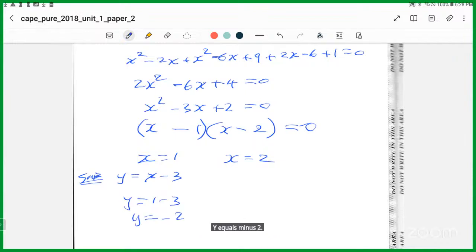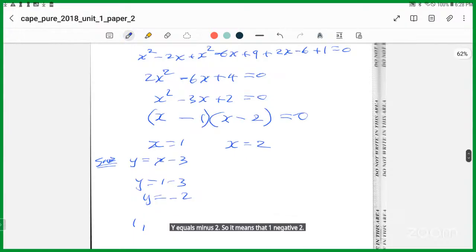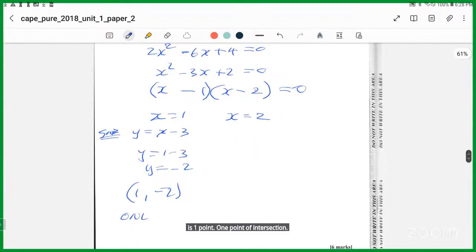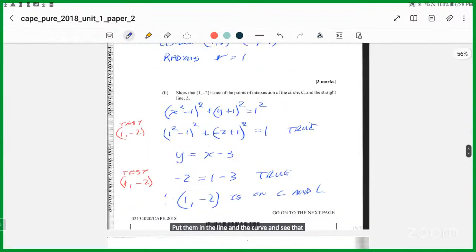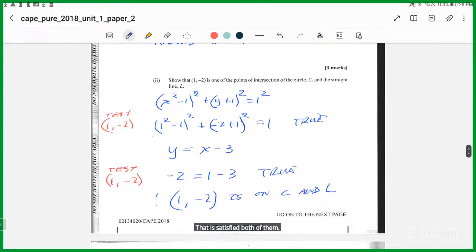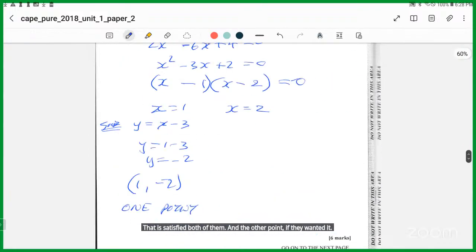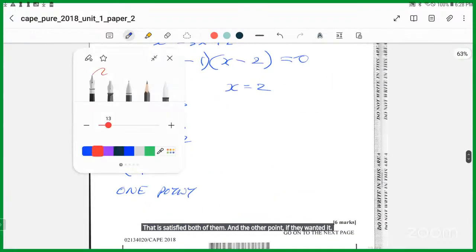So it means that 1, negative 2 is 1 point of intersection. So you could have done it that way. But I think the easy way to do it is just put them in the line and the curve and see that it satisfies both of them. And the other point, if they wanted it, would be right here, x equals 2.